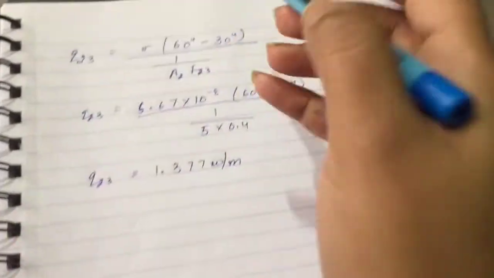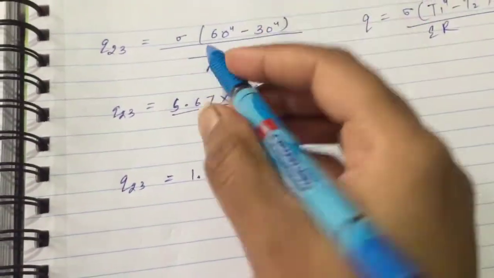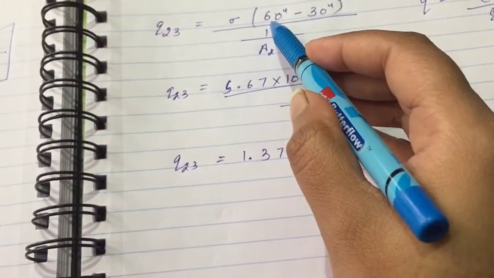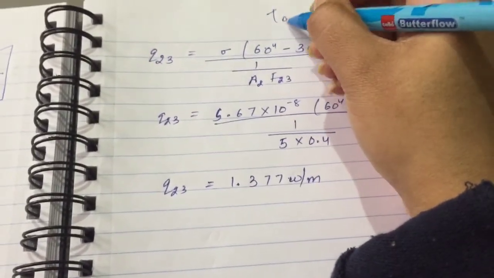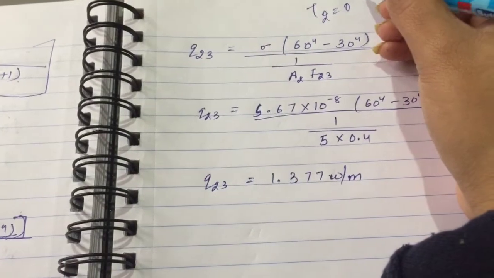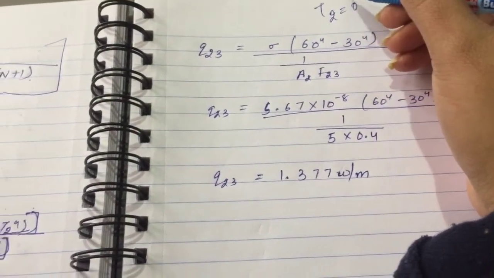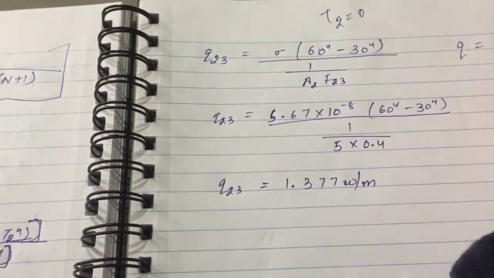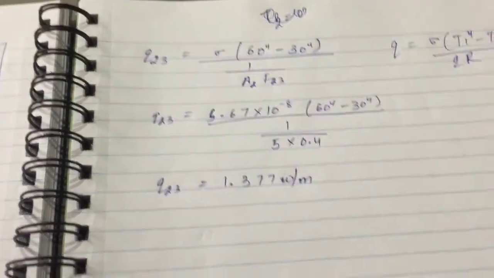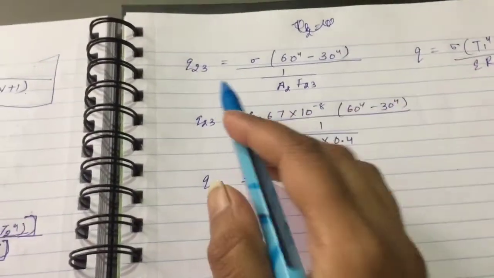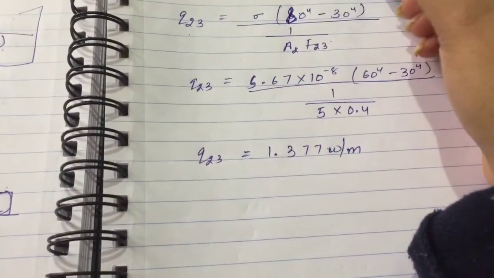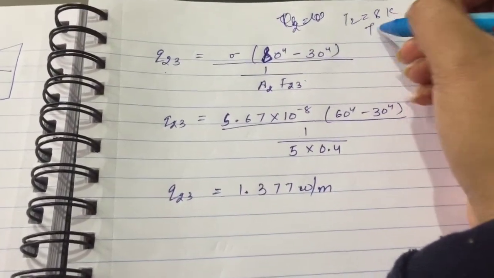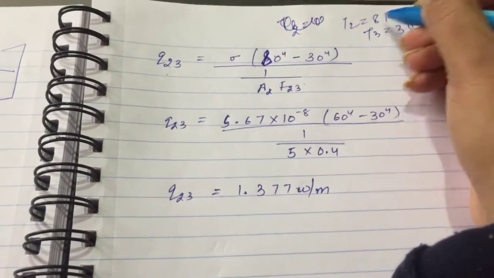The temperature difference between surface 2 and 3: T2 is given as 80 Kelvin and T3 is given as 30 Kelvin.